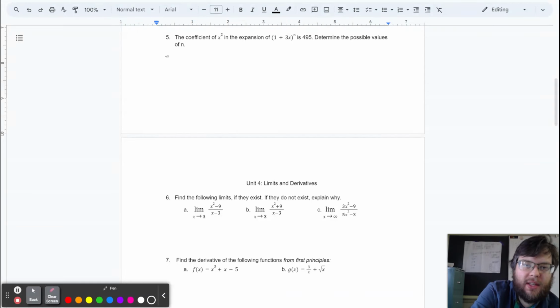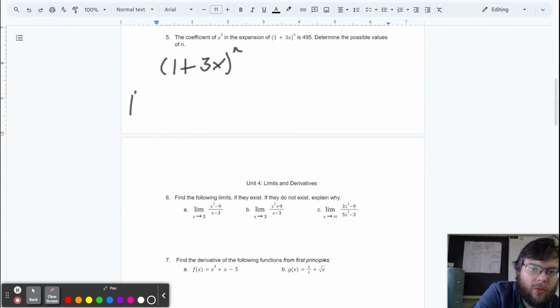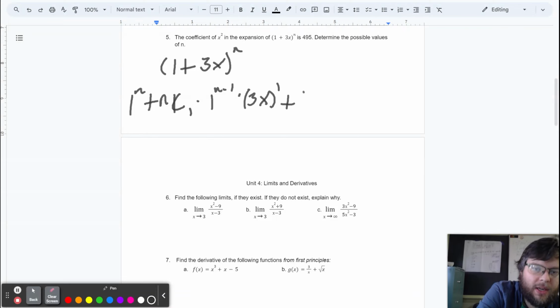So let's look at the expansion of 1 plus 3x to the nth. Okay, so that would become 1 to the nth plus n choose 1 times 1 to the n minus 1 times 3x to the first. I'm just using the binomial expansion.